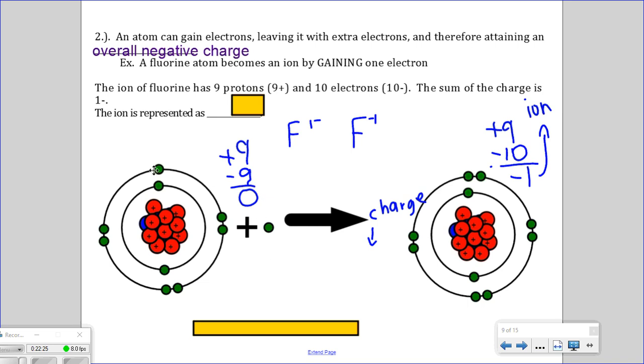So fluorine can gain that extra electron, causing an increase in negative charge, leaving fluorine with an overall -1 charge, and this makes fluorine an ion. This ion can be represented as F-1, or F1 negative, or just F negative. The important thing is that the charge is placed on the upper right-hand side of the element symbol.